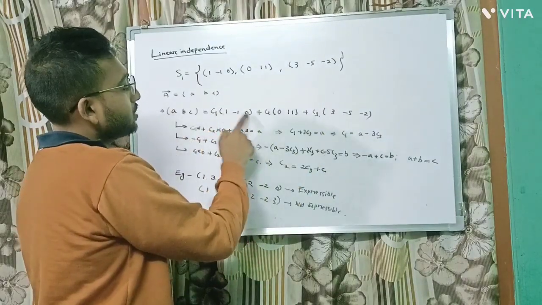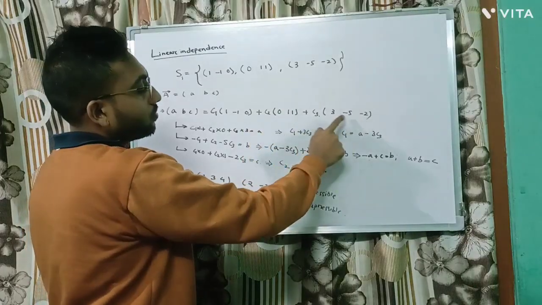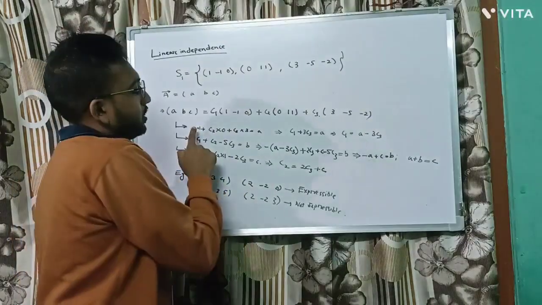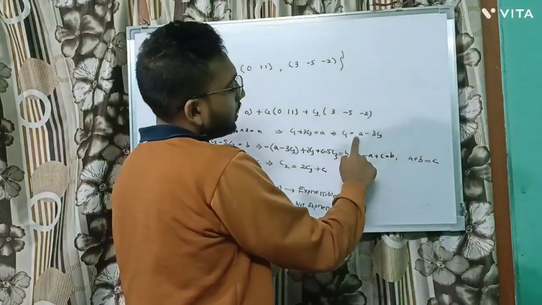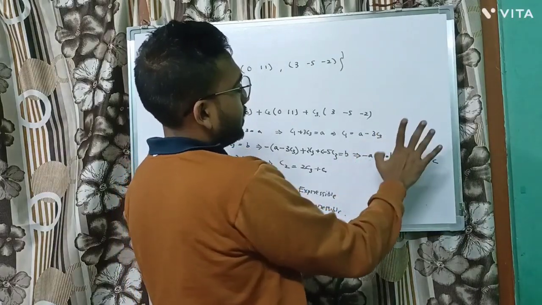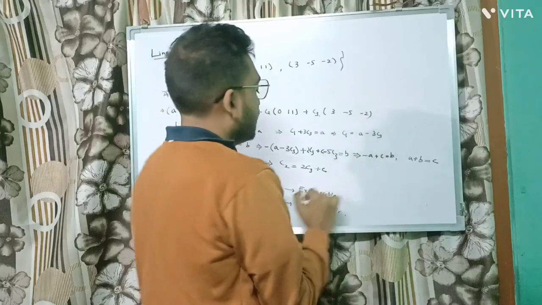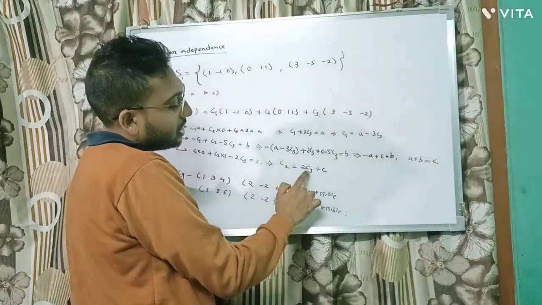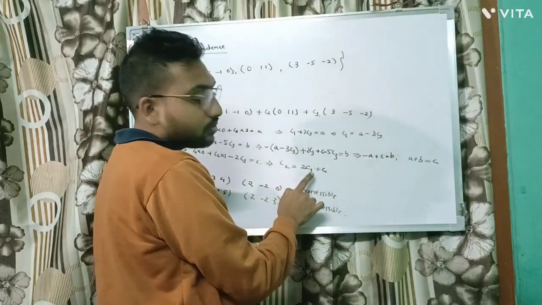The third one is c1 times 0 plus c2 times 1 plus c3 times minus 2 equals c. From the first equation, c1 is equal to a minus 3 c3. So I am expressing c1 in terms of c3. From the third equation, I have c2 equal to 2 c3 plus c. So I am expressing c2 in terms of c3.